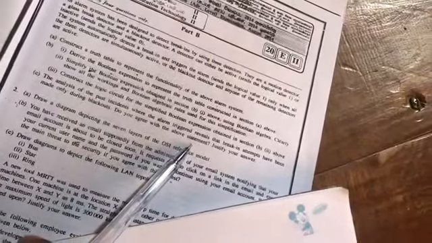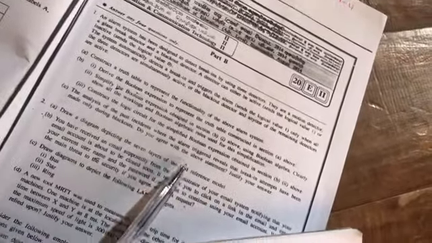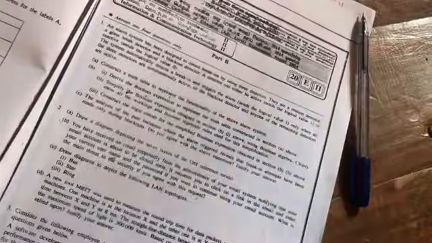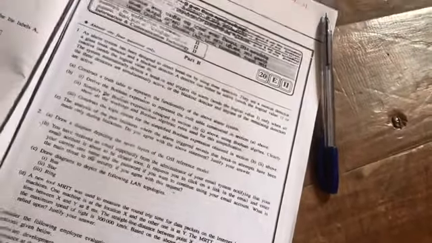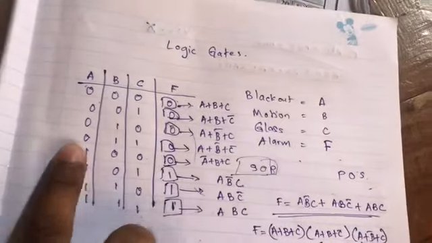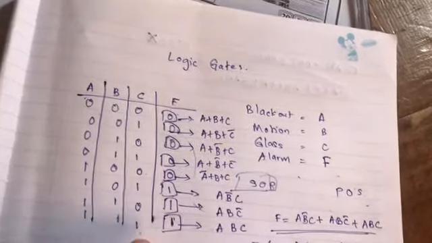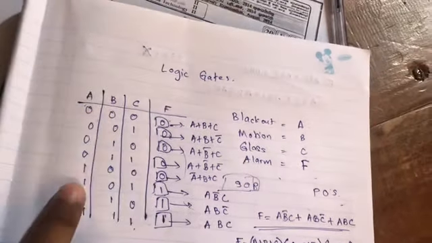So this is the end of the question. There's another part where you have to explain a statement. The statement is that the alarm will only trigger if the blackout is actually happening. They are asking whether you agree with it or not, and it's very clear that it should be agreed to, because this is the blackout sensor, and in all the instances where the alarm is going off, the blackout sensor is one.